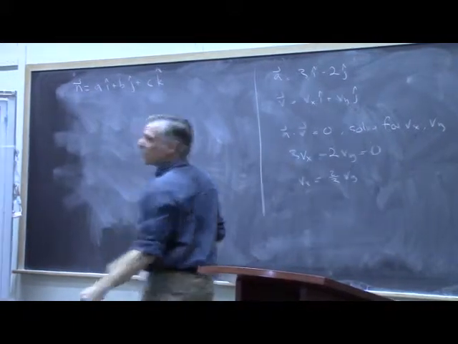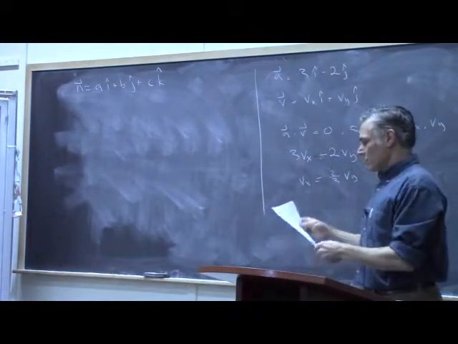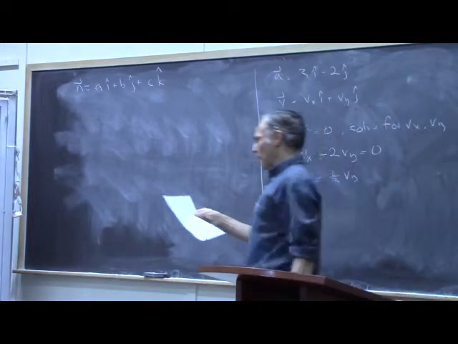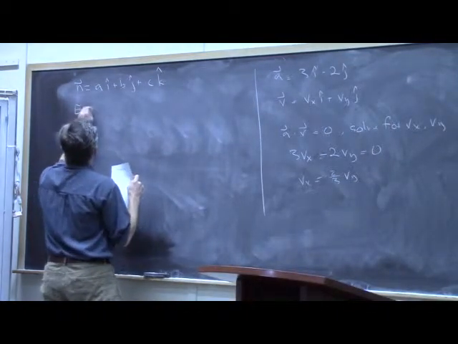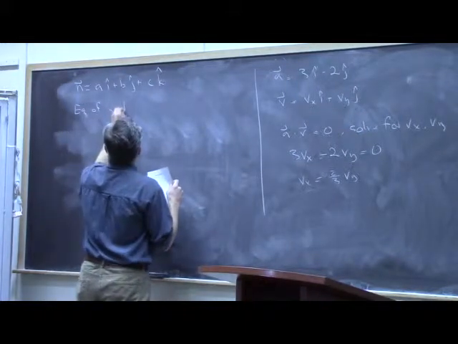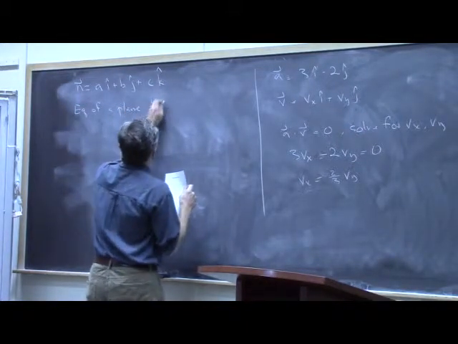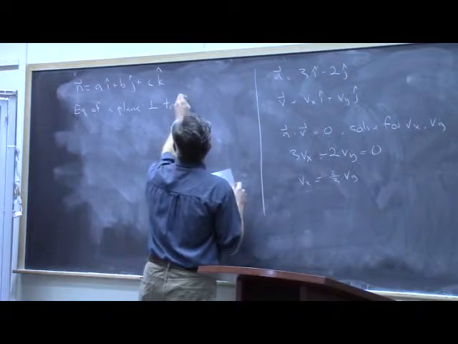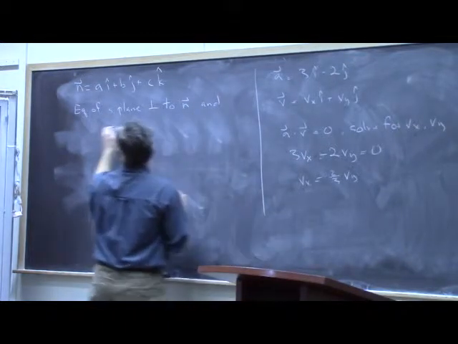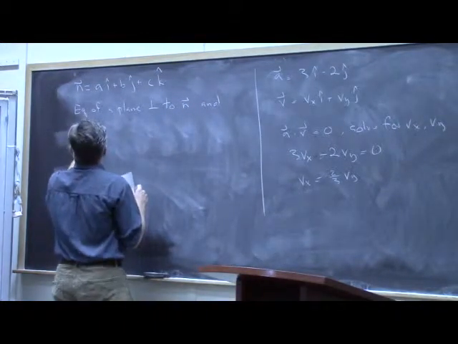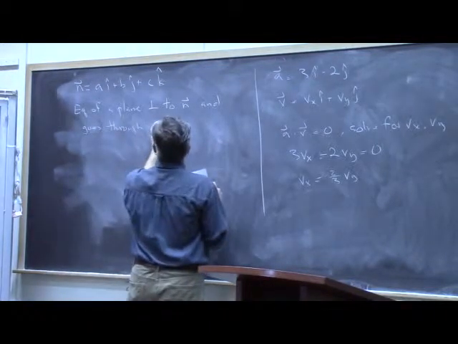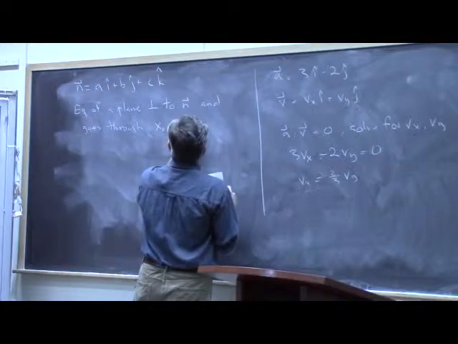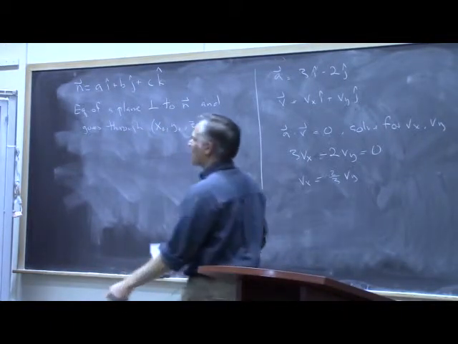Okay, so now we're in 3 dimensions. And I want the equation of a plane that's perpendicular to n and goes through x naught, y naught, z naught.